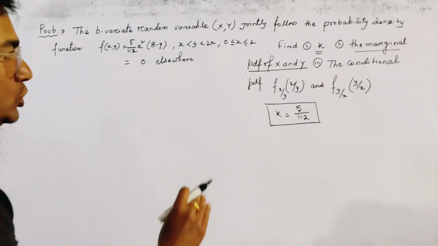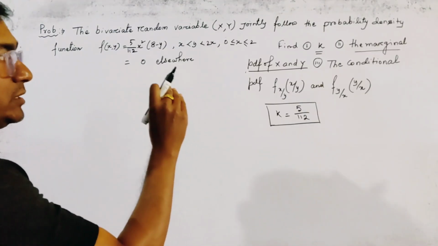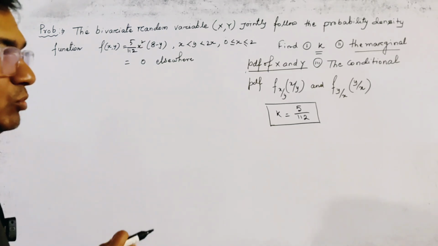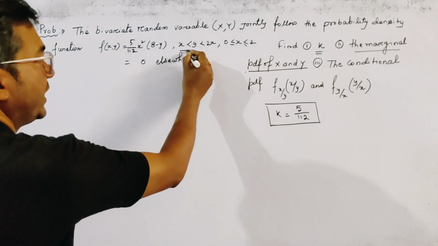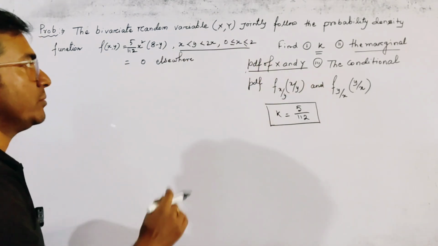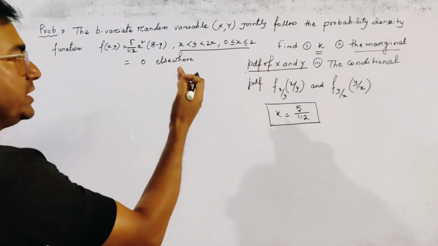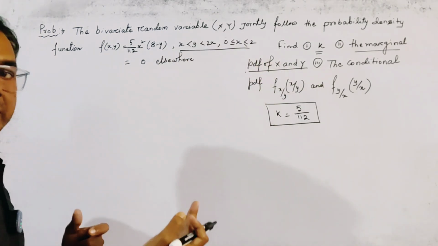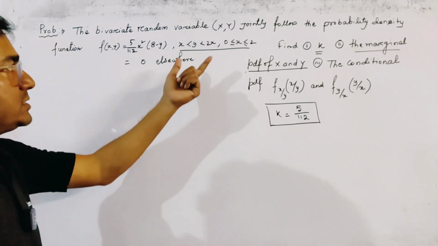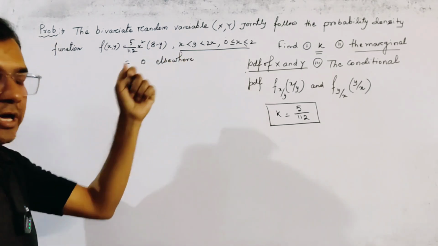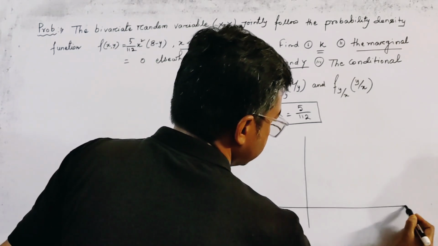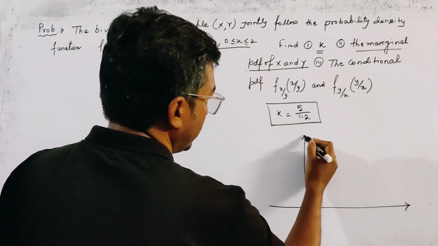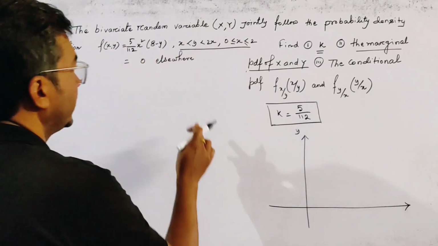Before calculating the marginal PDF, we first try to draw a rough sketch of the given range, because if we integrate with respect to x or with respect to y, the ranges are very important. Let this be the x-axis and this the y-axis.